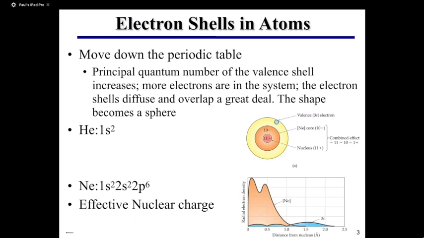Okay? Because there are electrons that shield, the inside ones shield the outside one. And so the outside one doesn't feel the positive charge as much. So each electron in each level feels a certain level of positive charge or attraction. Okay? And so that's going to play into this. All right?